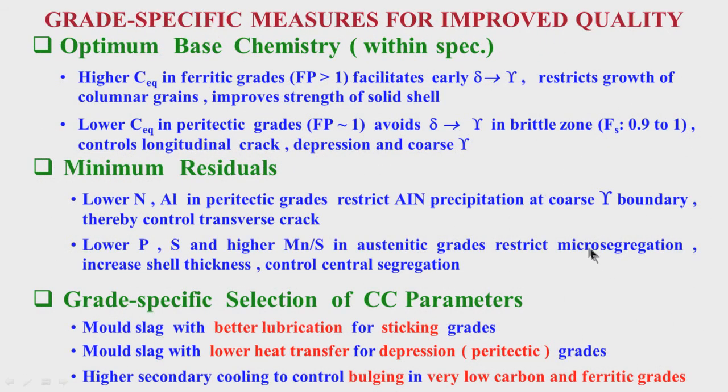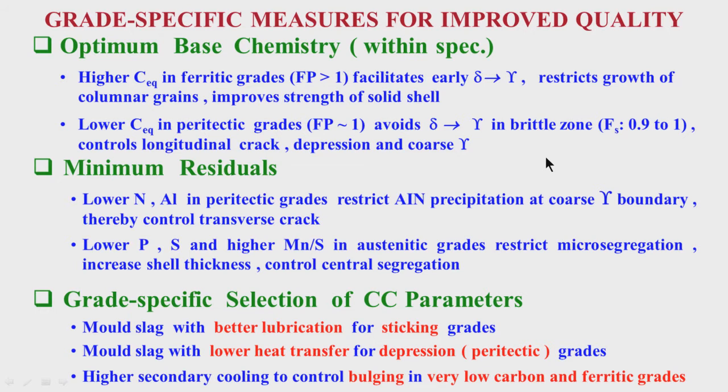So now today I will talk about what we do when we understand the solidification characteristics: whether it is ferritic solidification or austenitic solidification, whether the characteristic is sticking type or bulging type on the one hand, or depression type on the other hand.